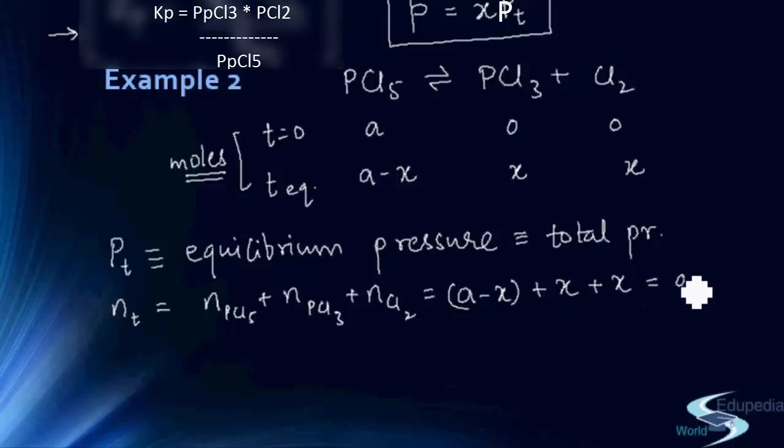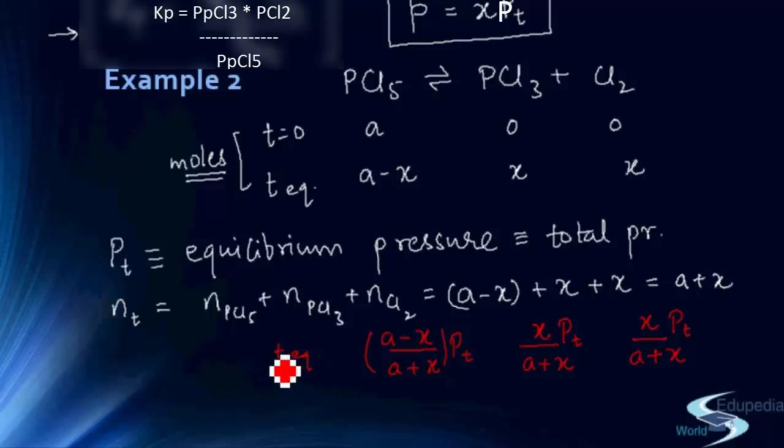Similarly, mole fraction of chlorine will be x divided by a plus x. So these are mole fractions of each reactant and product at equilibrium. Now if I multiply these mole fractions with PT, I will get my partial pressures at equilibrium.